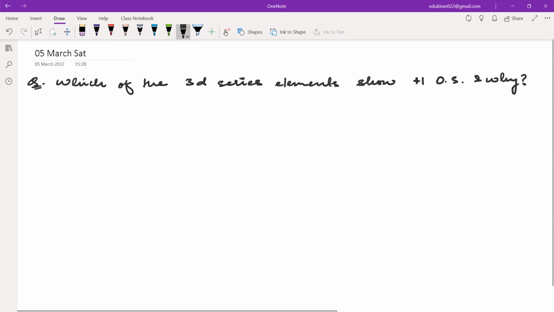Write the question down. Look at the table that you drew in the last class. I think you can identify which of the elements shows +1 oxidation state.